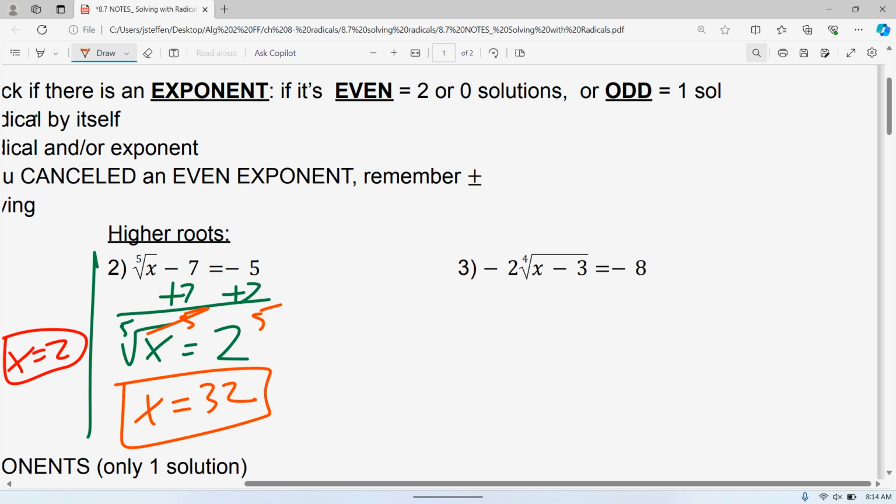And same thing with this last one. 8 divided by -2 is +4.